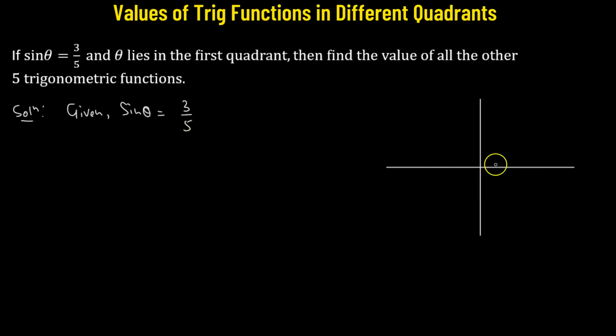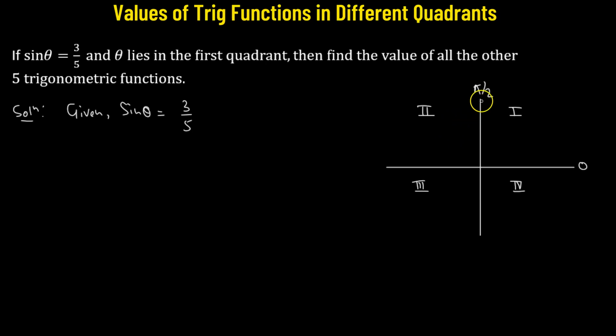Well, if we consider our Cartesian plane, it can be divided into 4 equal parts. So this is going to be the first quadrant, followed by the second quadrant, then we have the third quadrant and the fourth quadrant. Now the quadrants are chosen in such a manner that our angle theta is going to lie between 0 and pi over 2 radians. That's the first quadrant.